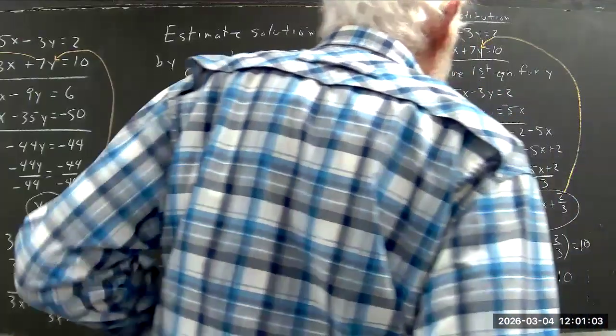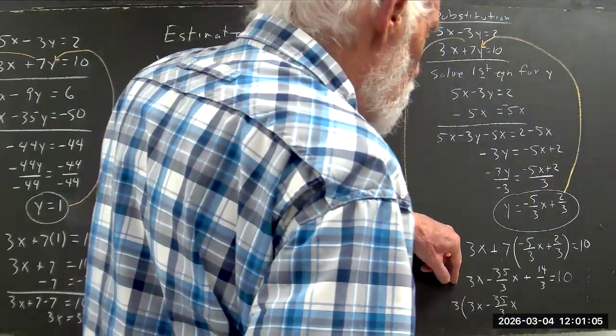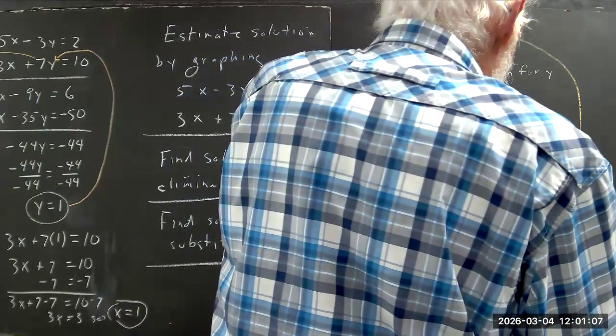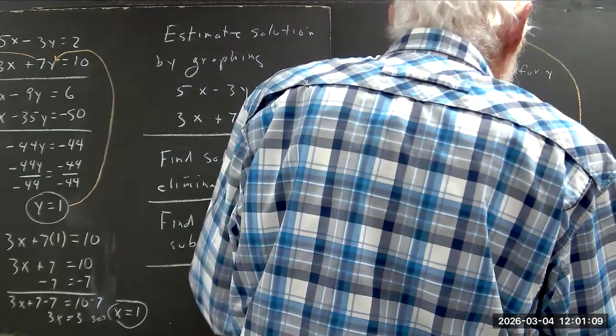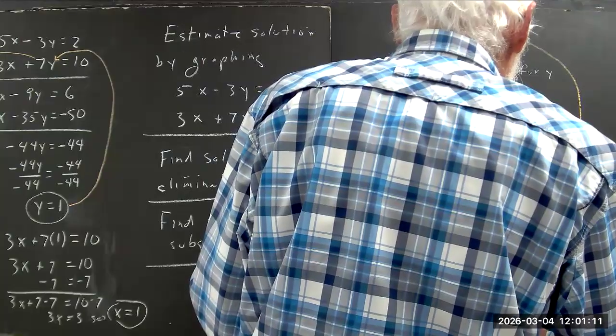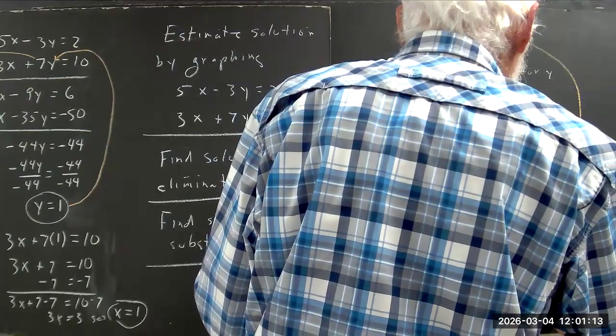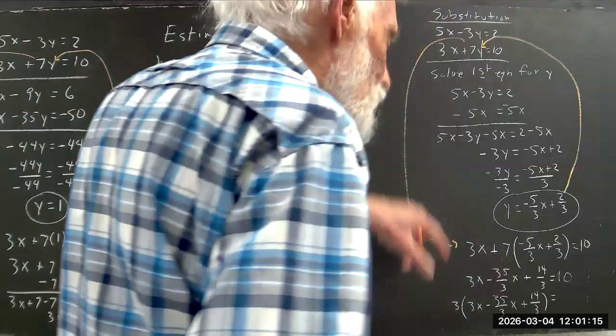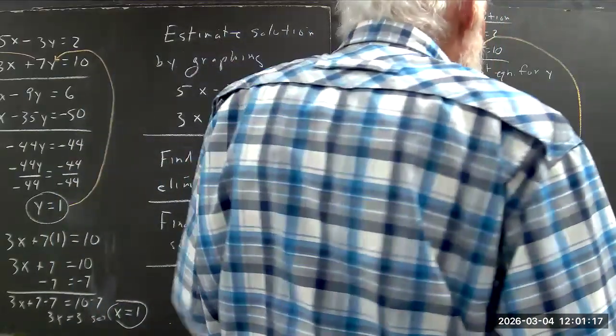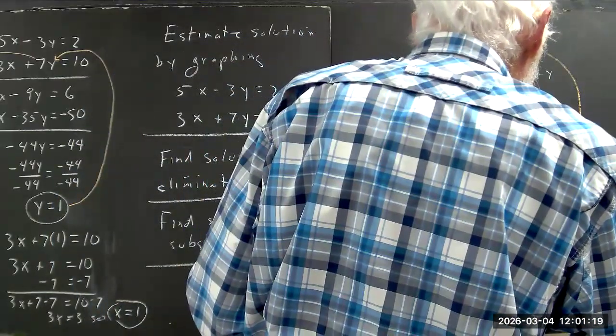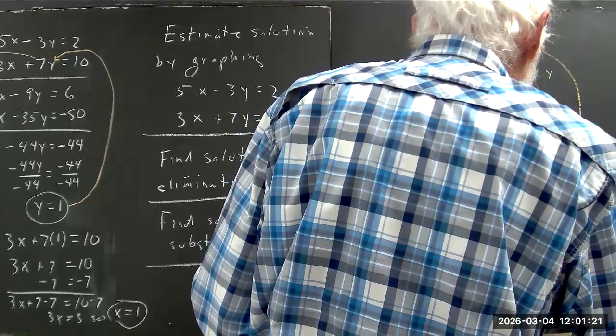Now I'm writing out the whole mess. I'm writing out 3 times the quantity 3x minus 35/3 x plus 14/3. And now I've got to remember to multiply my right-hand side by 3, and that'll be 3 times 10.